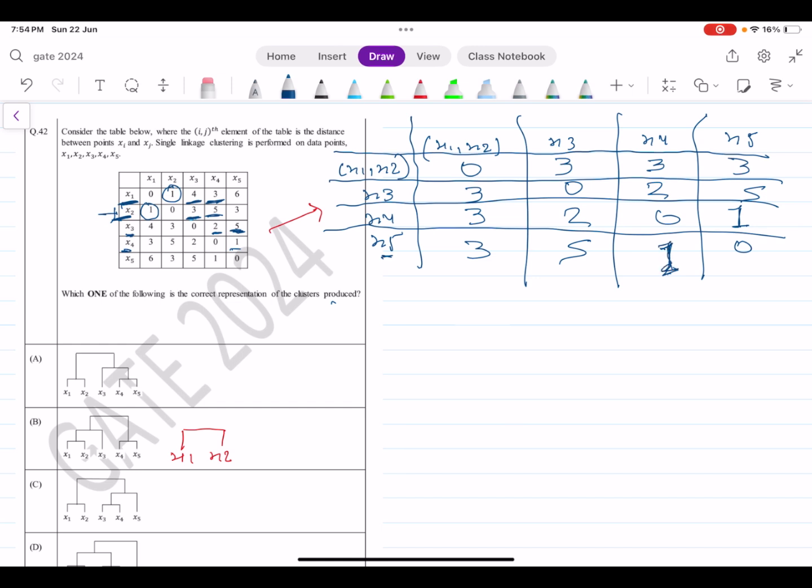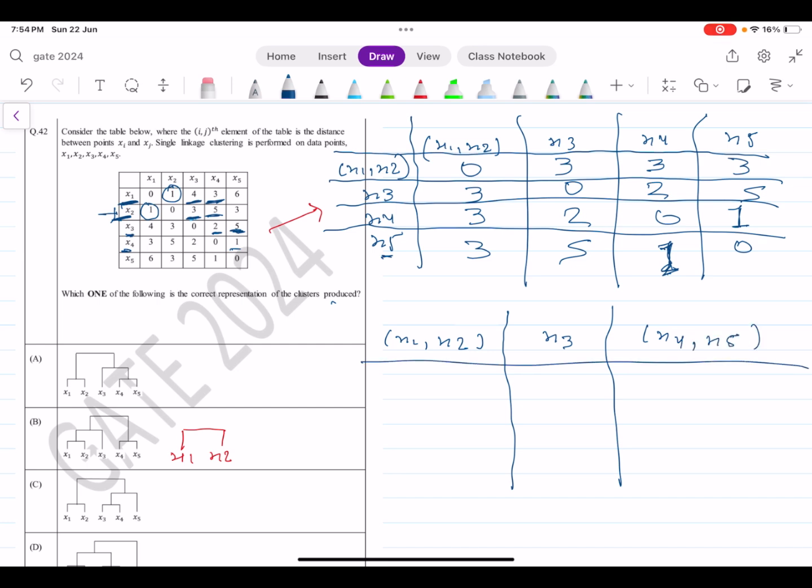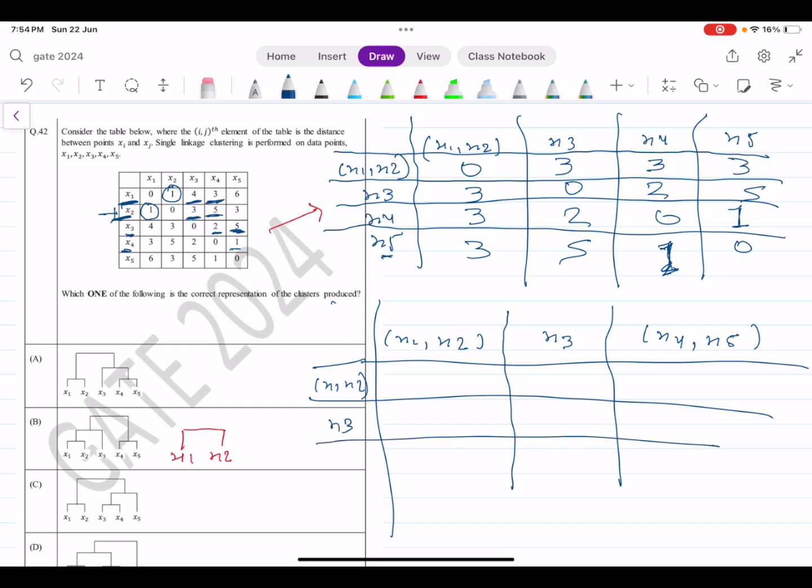So we again make a cluster of x4, x5. So let me create a new table here: x1, x2, then x3, and then x4, x5. Same on this side: x1, x2, x3, and x4, x5.